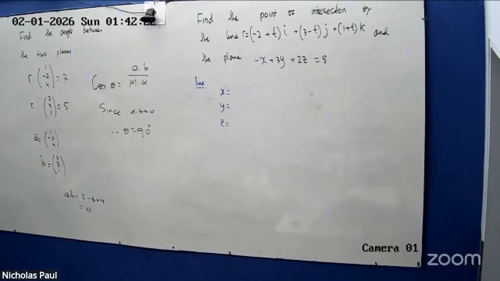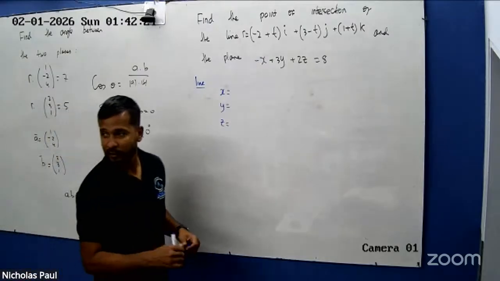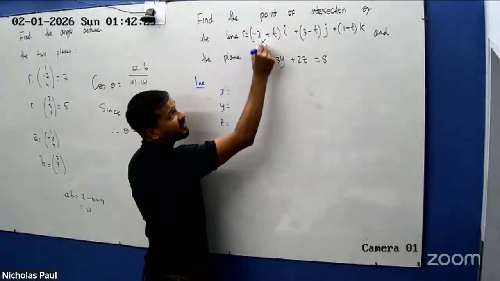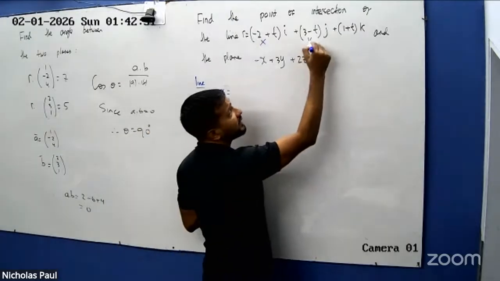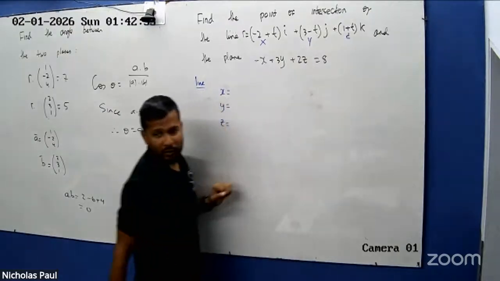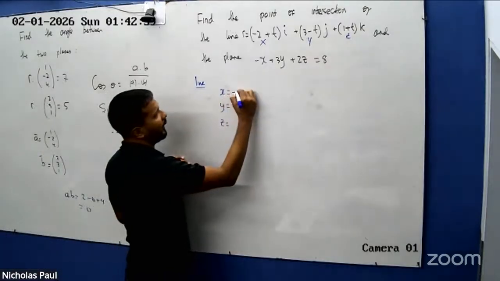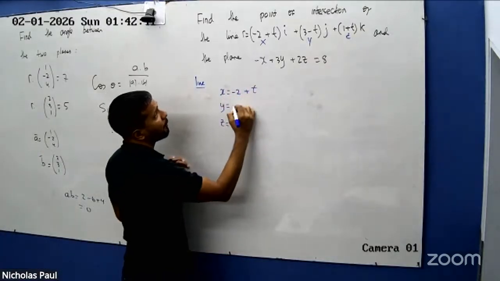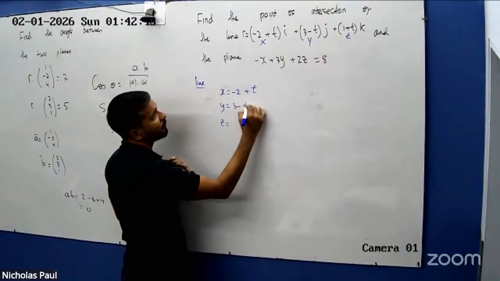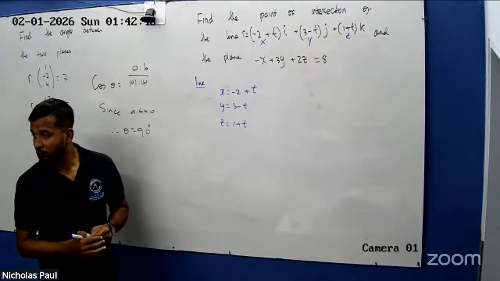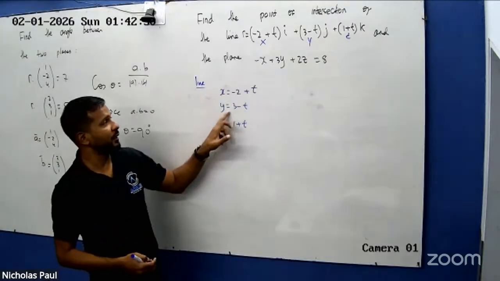This one is already organized for you. What's x here? X is this, y is this. What are we going to do now? Substitute x, substitute y, substitute z.